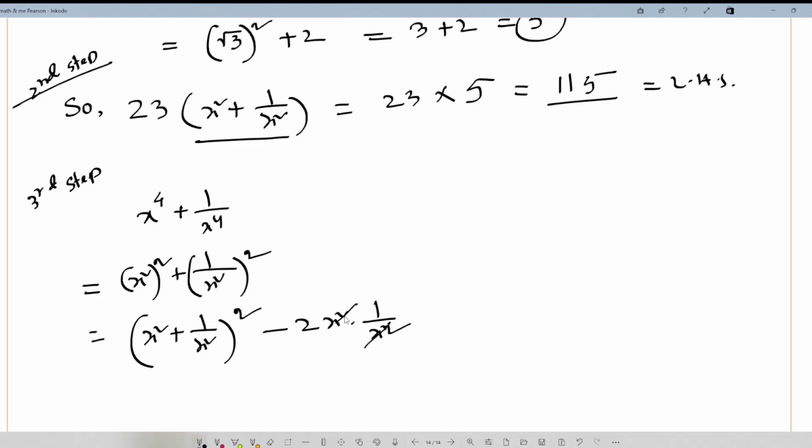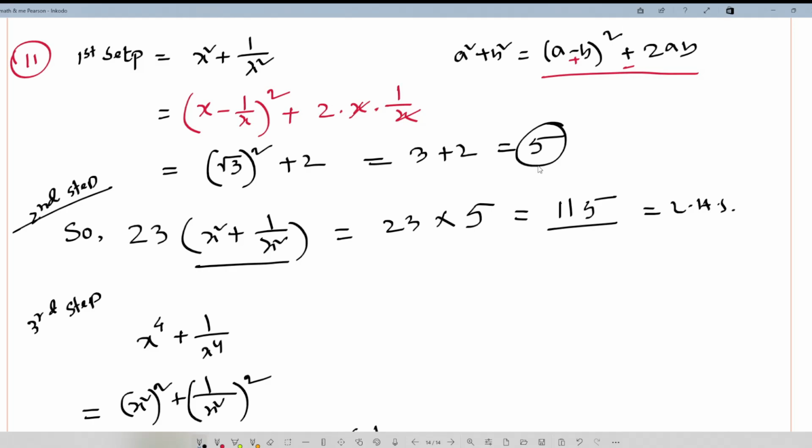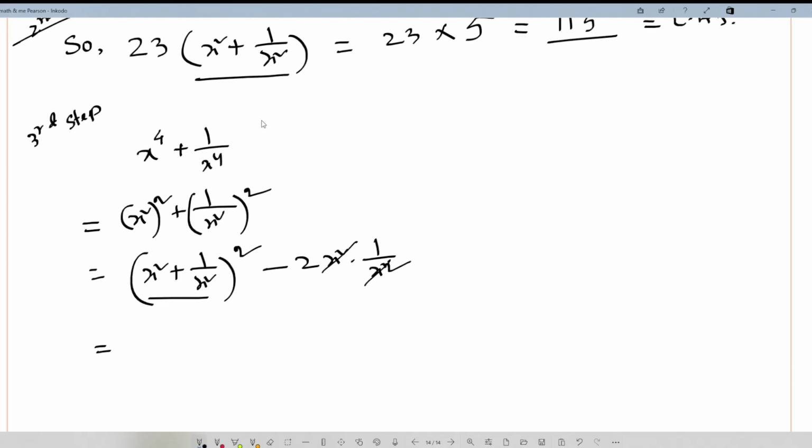So this x square out. Now this one we already got the value, which is what? x square plus 1 by x square, here we get 5, right? So this one is 5 square minus 2. It means 5 square means 25, minus 2, it will be 23.